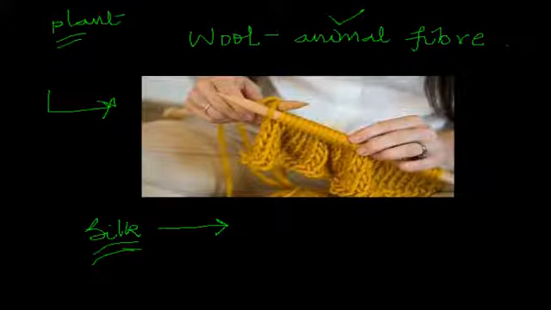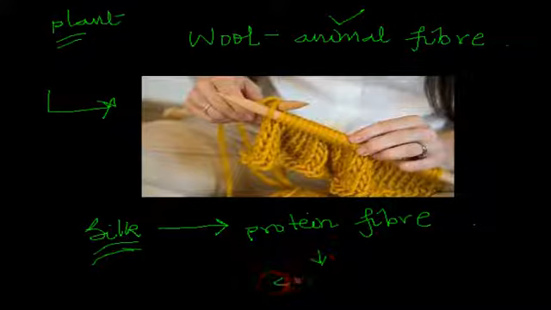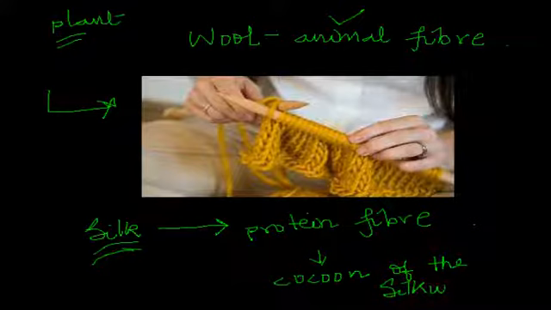So silk is also something that is derived from protein fiber, and is harvested from the cocoon of the famous silkworms. So this is all about the natural fibers.